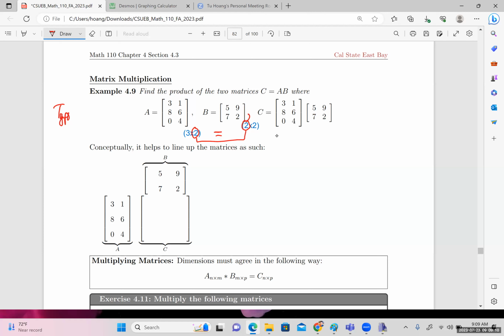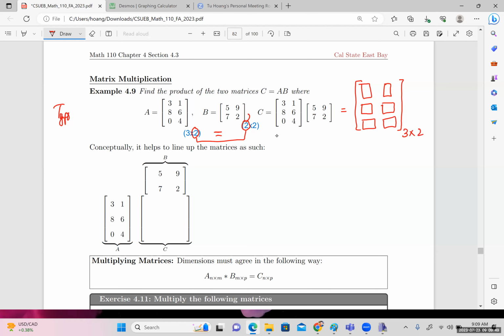After the product, we have matrix C with 2 columns and 3 rows, 3 by 2.